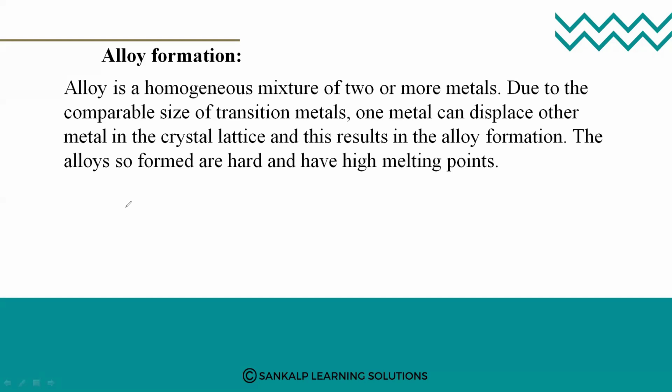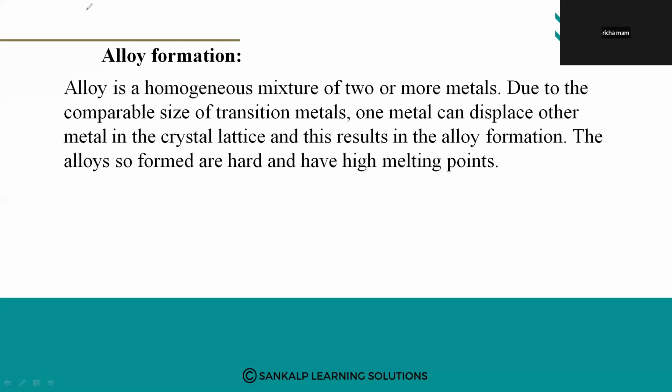Then we discussed the formation of colored ions, complex ions and complex compounds, the catalytic property, the formation of interstitial compounds, and then alloy formation. These are the important properties of d block elements. Is it clear up to here? Any doubts? Yes.